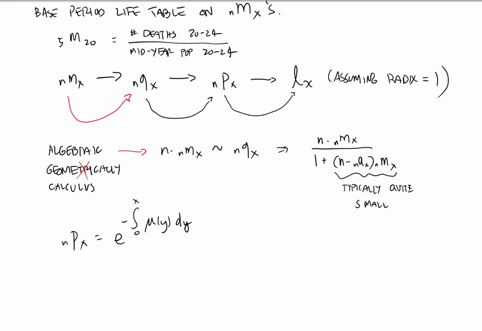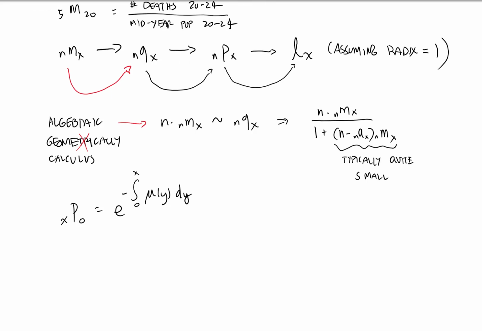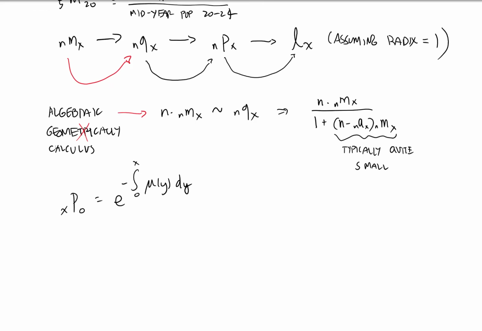No, I think I shouldn't have it quite like that. I think I should say that is from age 0 up to age x. If we wanted just npx, that would be e to the minus the integral from x to x plus n of mu of y dy. Yeah, that's better.